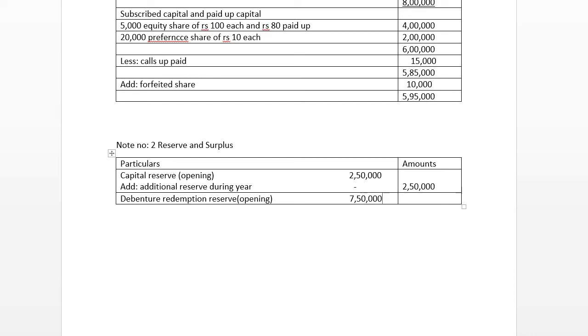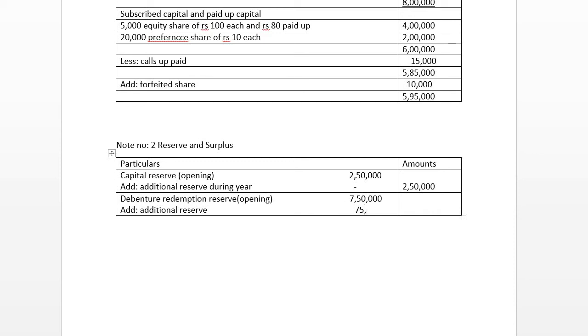For that particular year, suppose any additional debenture redemption reserve is given, at that time we are going to add it.